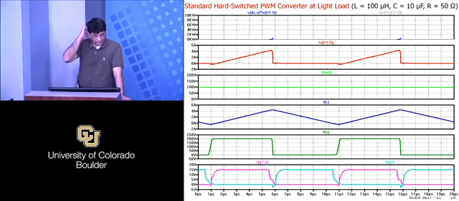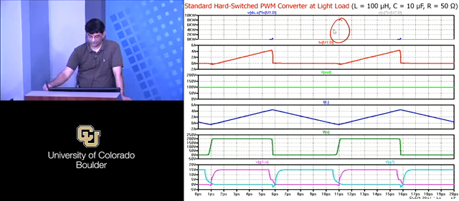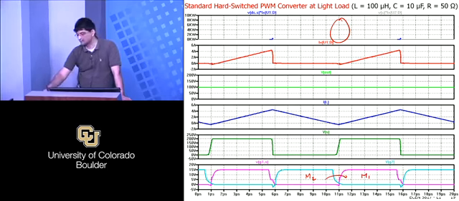And under light load operation, here's what you'd see with the hard switching PWM converter. It also has no big loss at that transition from M2 to M1. Why do you think that's true?